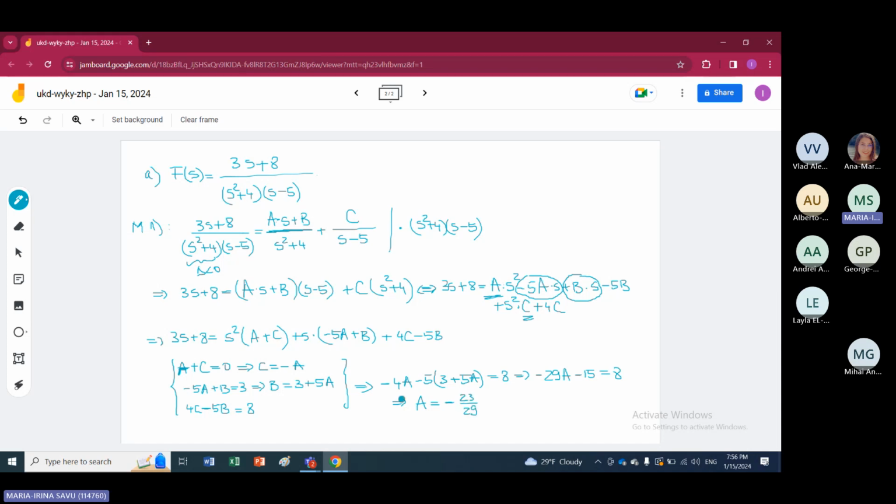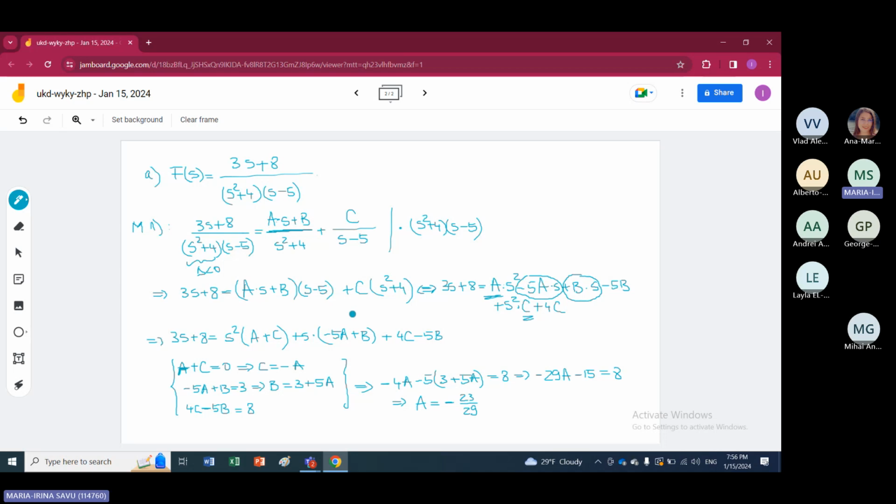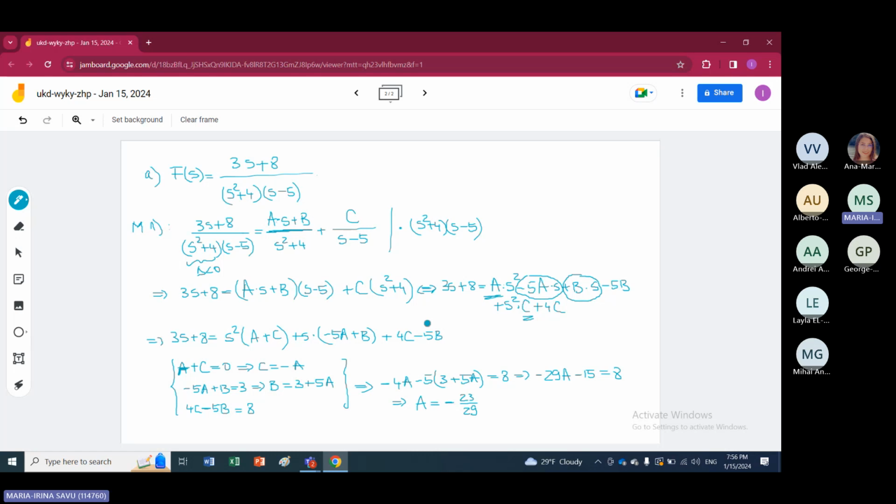Okay, let's check again if the computations are correct. So we see that we have this sum here. Okay, they seem correct. a plus c, minus 5a plus b and 4c minus 5b.